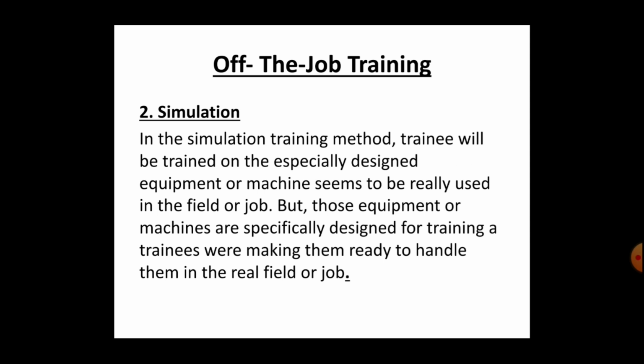Training games and simulations are now seen as an effective tool for training because of their key components, which are challenge, rules, interactivity, etc. There are many methods that come under games and simulations, like case studies, in-basket techniques, or business games, which we already discussed. So simulation basically provides an artificial environment of the workplace to a trainee in this type of training method.